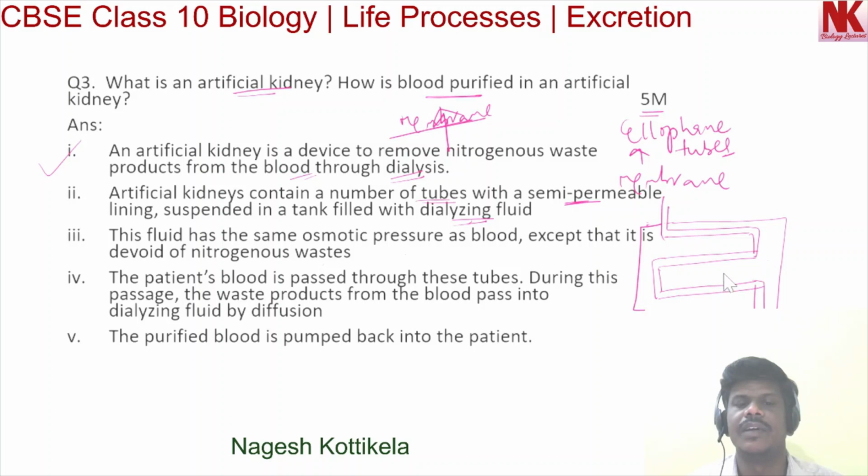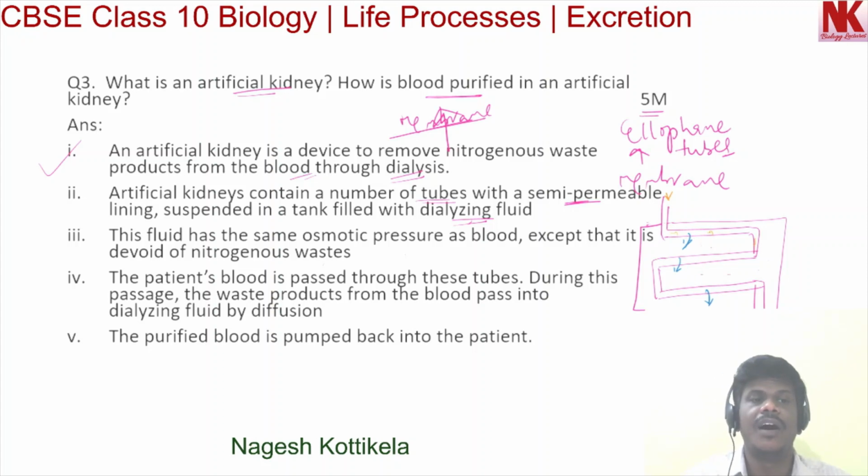Now the blood is flowing inside. When the blood is flowing inside, the nitrogenous wastes present in that blood are diffusing into the dialysing fluid like this. So like this, the blood is purified.